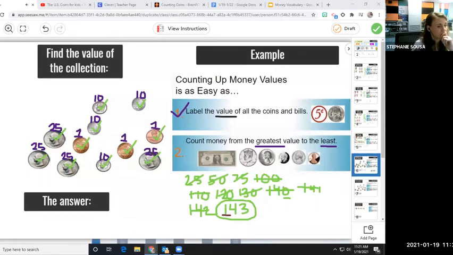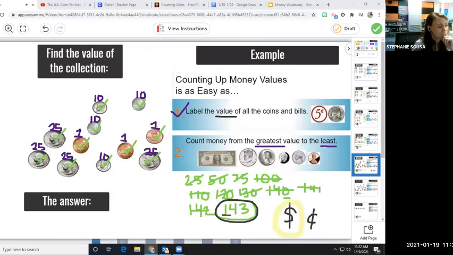I also know about my cent symbol and my dollar symbol. When I have a value of money that is greater than 100 cents or greater than $1, I need to use the dollar symbol. So for this example, I have 143 cents. I know that 100 cents is $1.